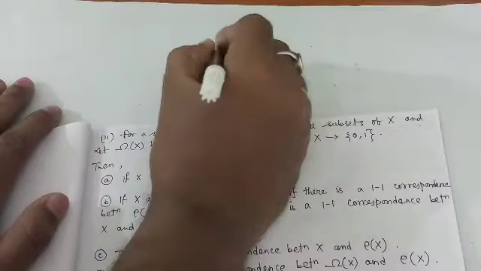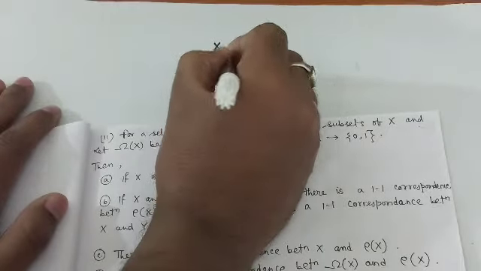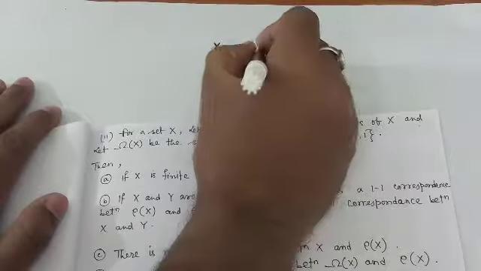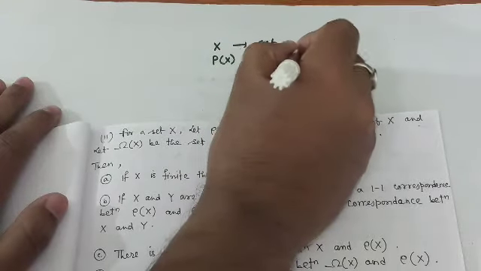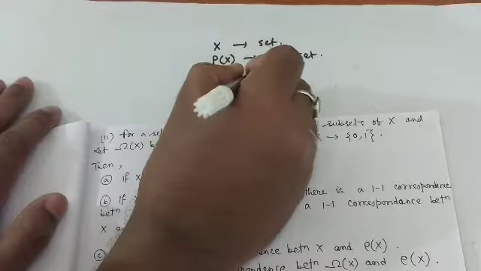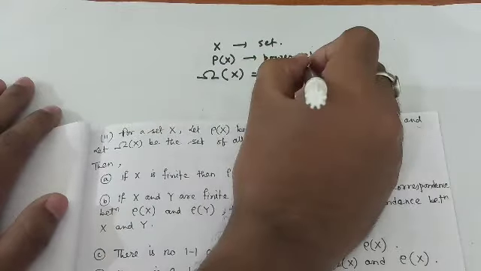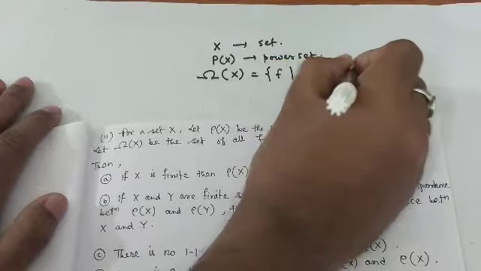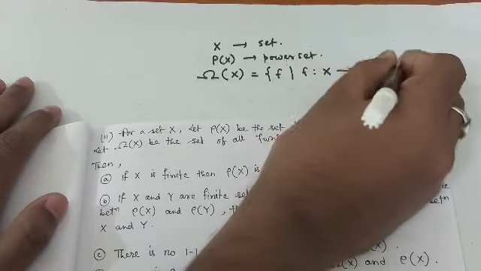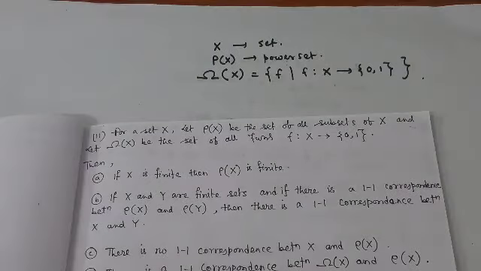So X is a set, P(X) is basically the power set. Omega X is the collection of all those functions from X to {0,1}. In fact, this looks like some set which has the same cardinality as P(X).